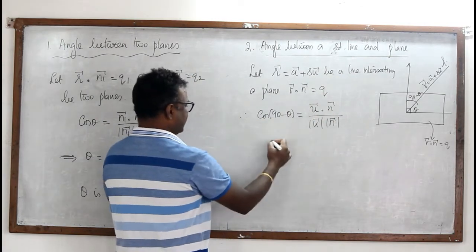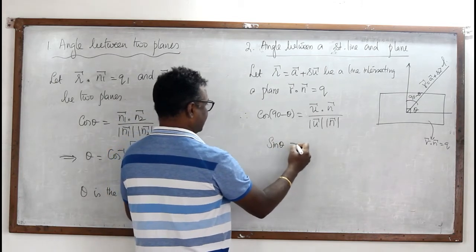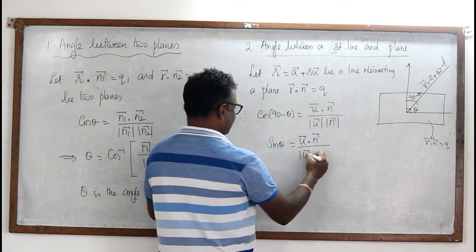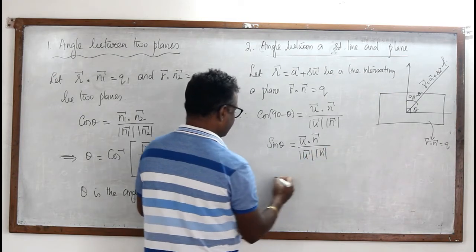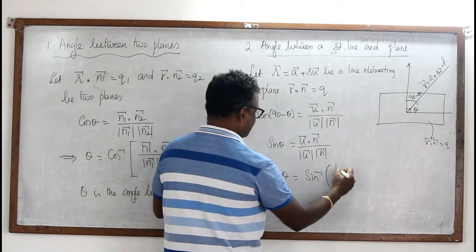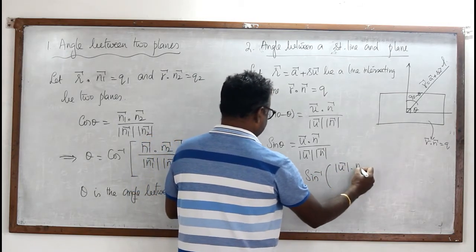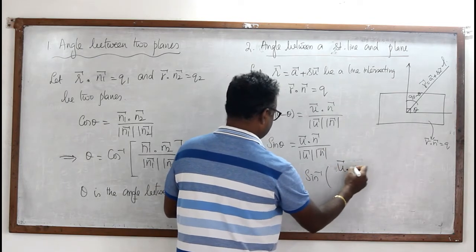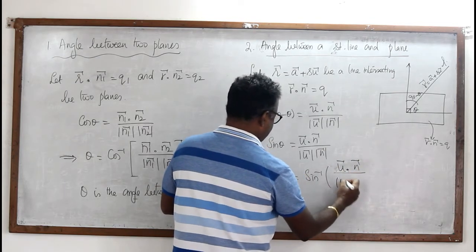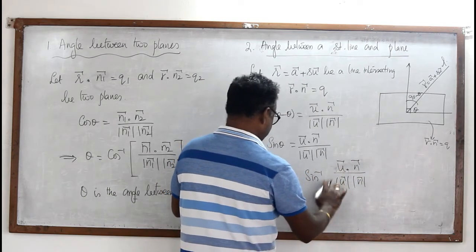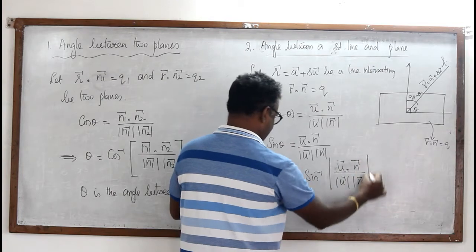But we know cos of 90 minus theta is sin theta, that is u dot n vector by modulus of u into modulus of n. Therefore, theta is sin inverse of u dot n vector by modulus of u into modulus of n vector, and this must always be a modulus.